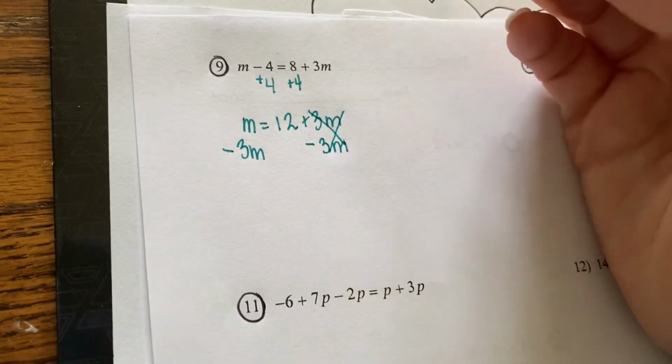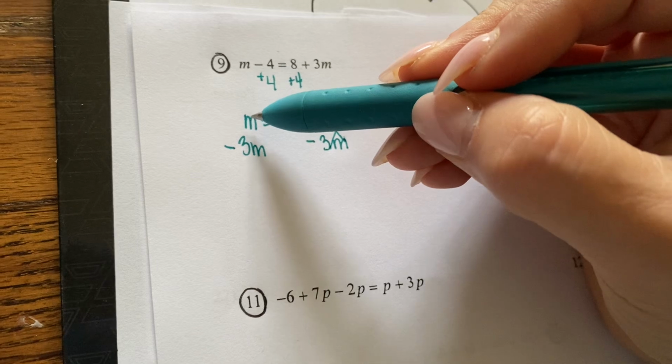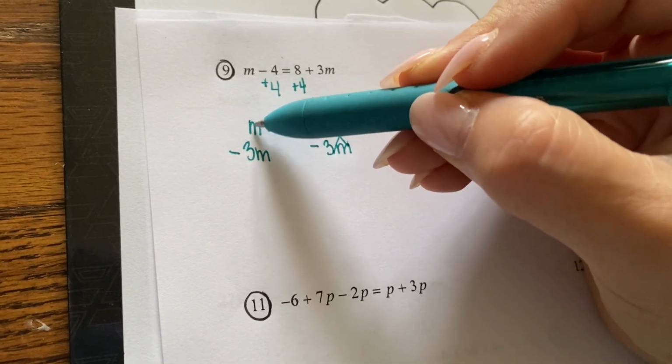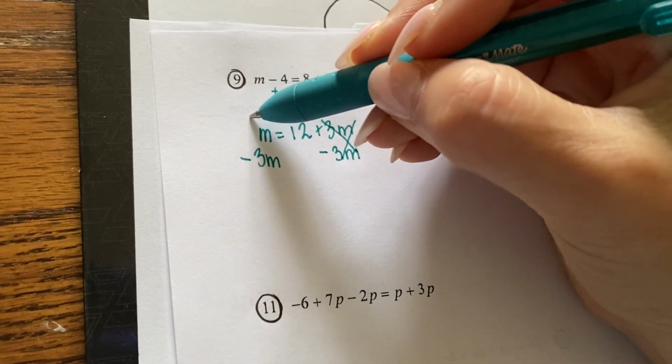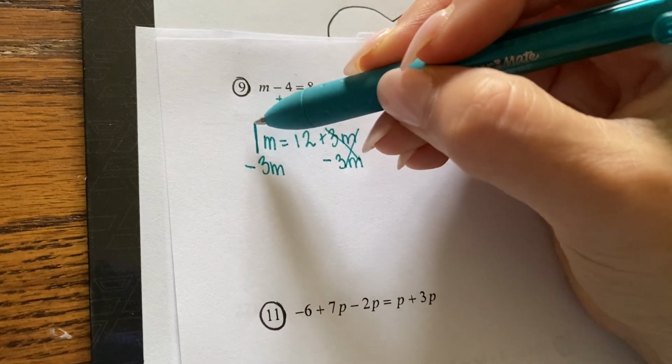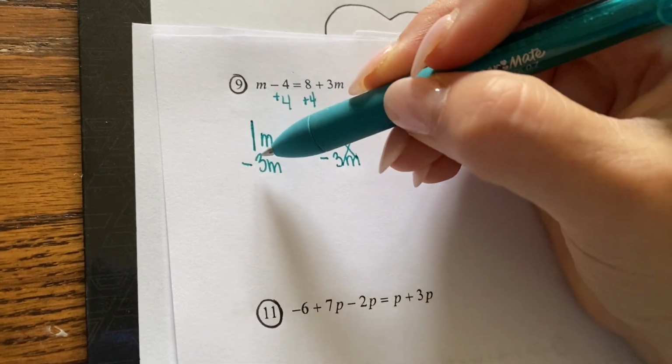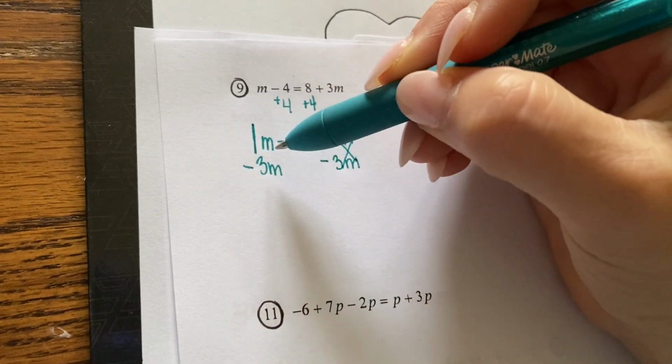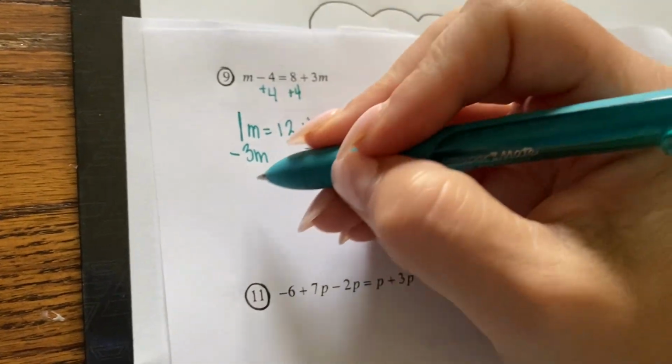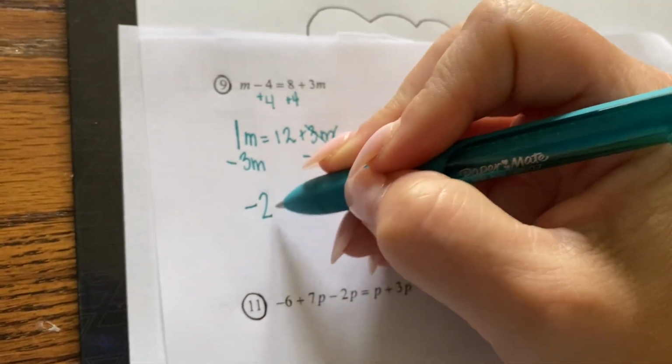That is going to turn to 0. And remember, when we have an m like this, there's an imaginary 1. So that positive 1 and that negative 3, when put together, gives you a negative 2m.